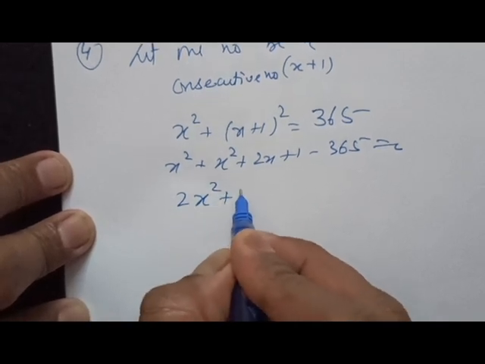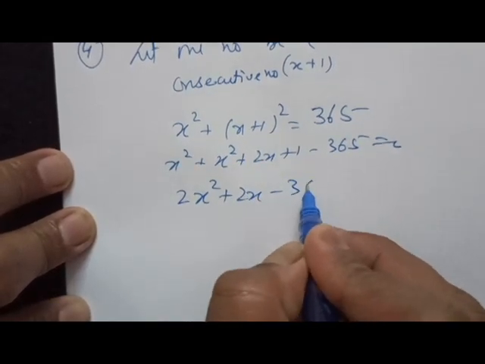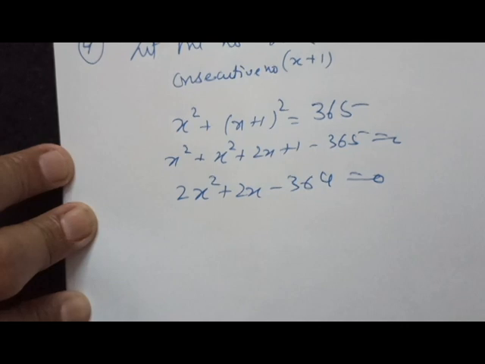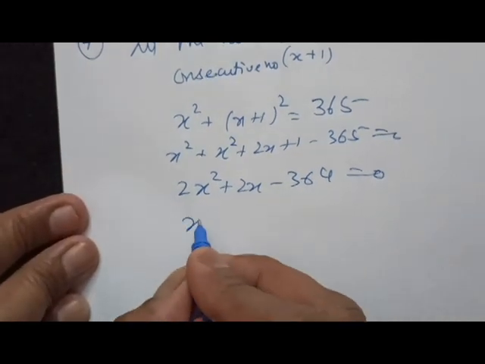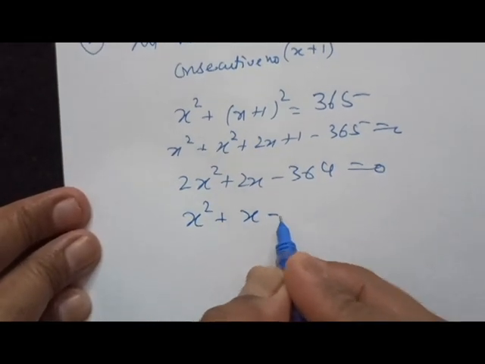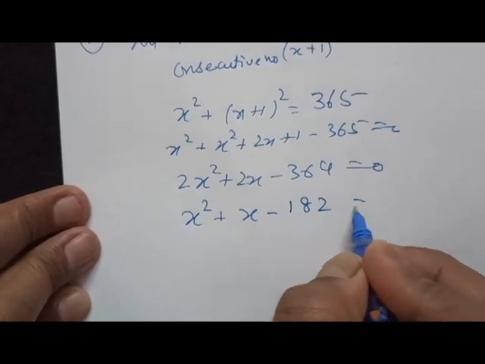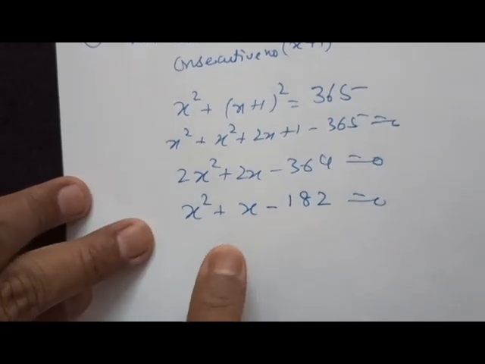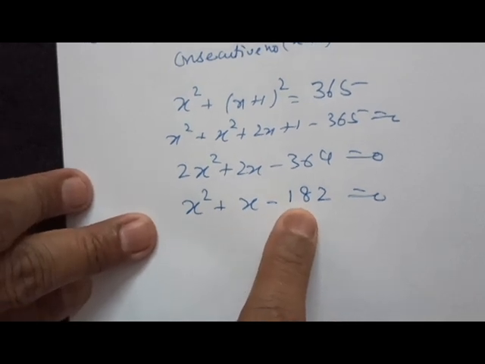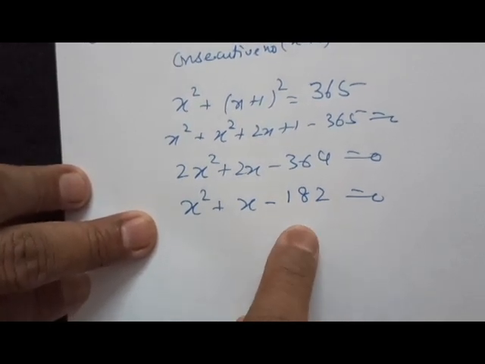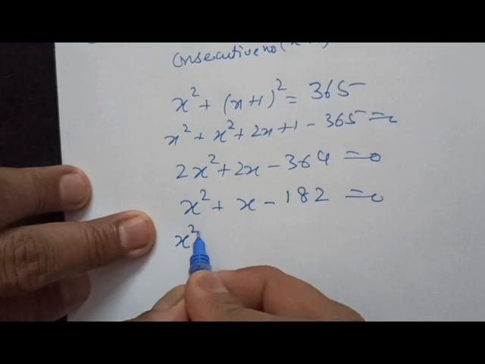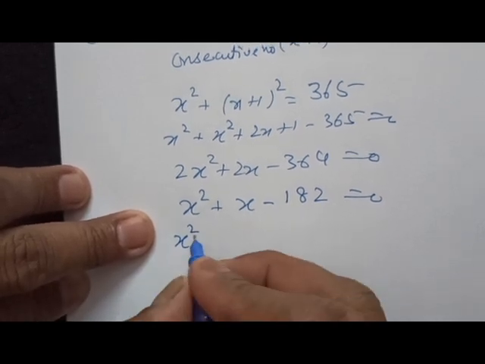2x square plus 2x minus 364 is equal to 0. Divide by 2, so you get x square plus x minus 182 is equal to 0. Again, like the previous question, the factors will be 14 and 13, but the difference will be the positive and the negative sign.